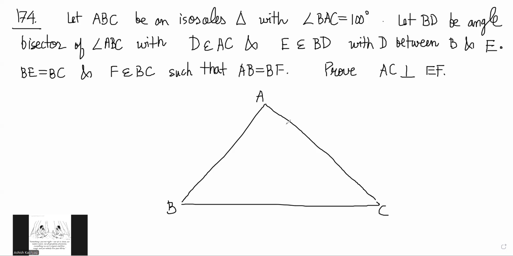So it's an isosceles triangle, so obviously the AB side will be equal to AC side, and the other two angles are 40 and 40, right? BD is the angle bisector of angle ABC, angle B. So we'll draw BD like this, and D lies on AC.